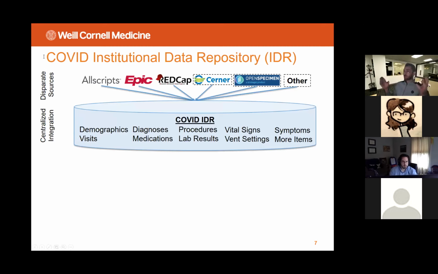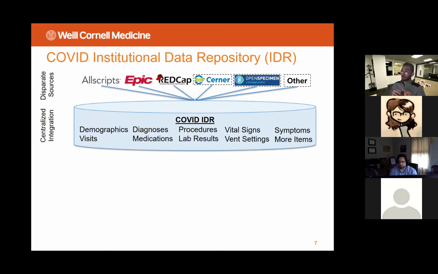So once we are able to homogenize and bring all this data together, we try to put them in different domains. Domains include patient demographics, any diagnosis for these patients that have been recorded in these systems, visit level data.